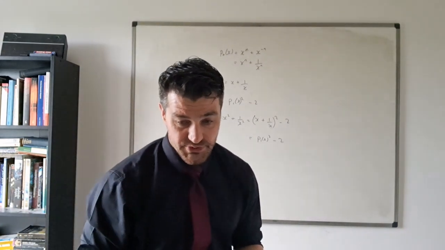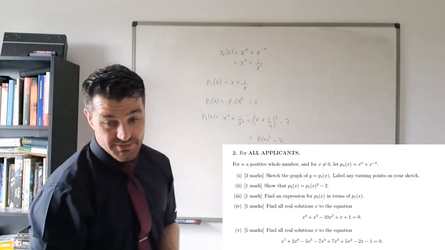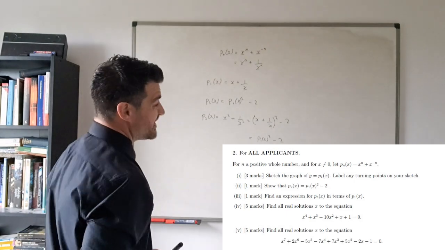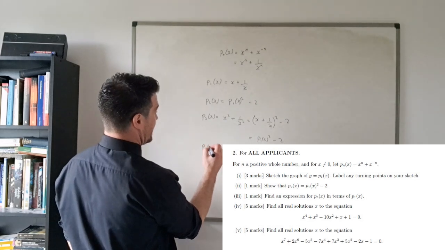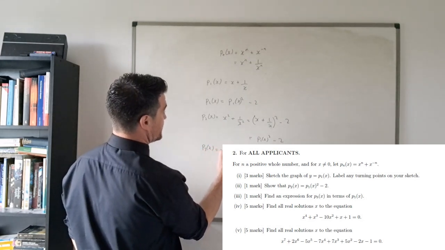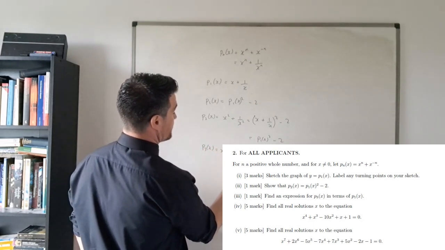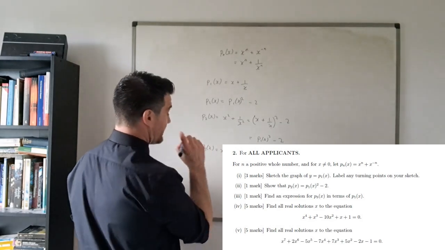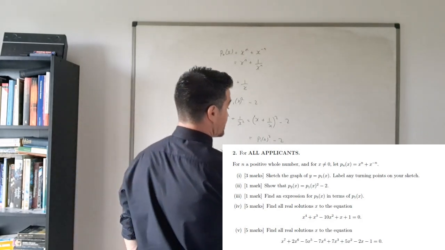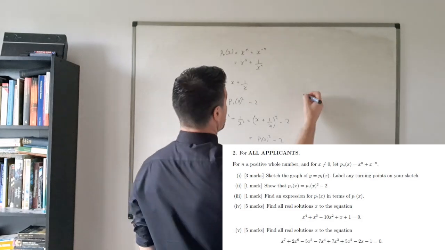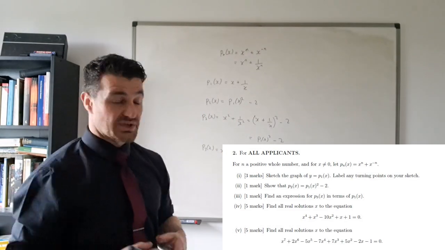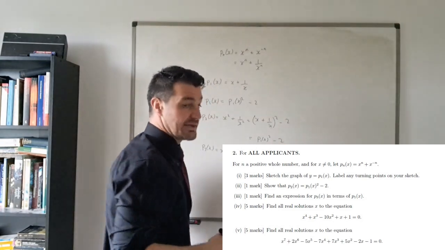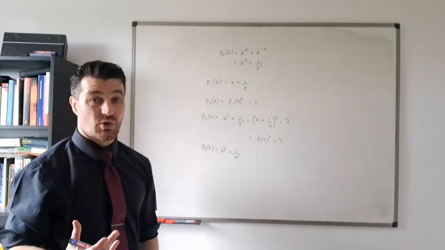Okay, and then find an expression for P3x in terms of P1x. Similar kind of thing, to be honest. P3x is x cubed plus 1 over x cubed. Now you've got a bit of an idea about where things are going. You want to express this in terms of P1x.